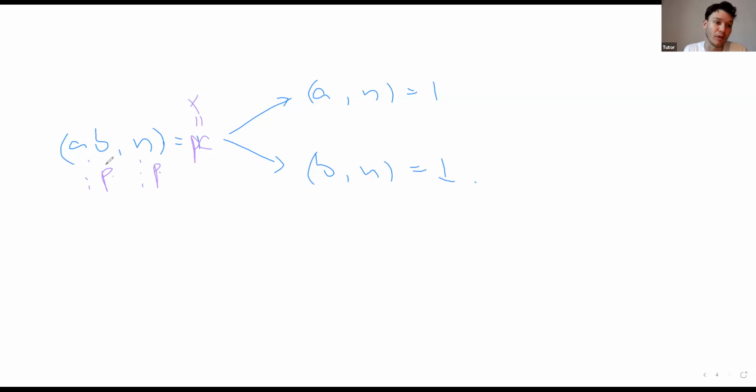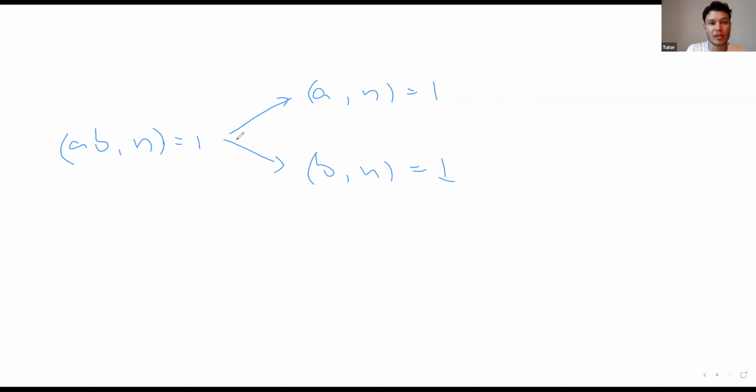So without loss of generality, let's assume that it's A. If A is divisible by p and N is divisible by p, this means that one has to be divisible by p. So basically p has to be 1 in this case. So we just proved what we needed to prove: if A and B are good to N, then AB is also going to be good to N.